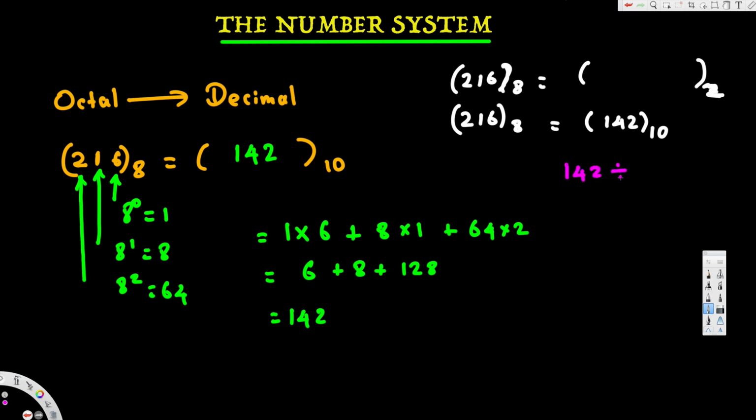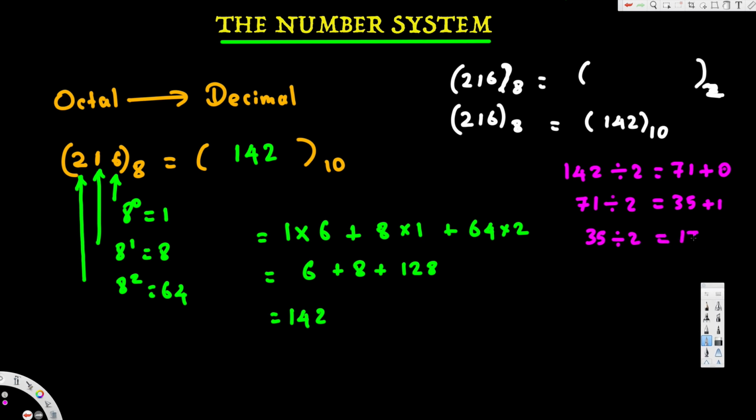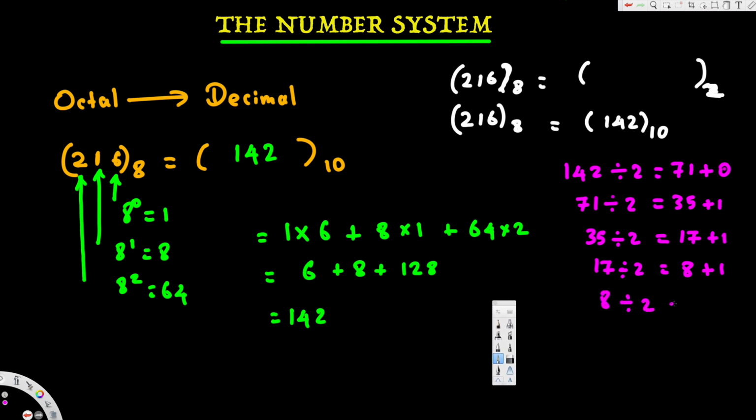We divide this by 2, that's going to give us 71, remainder 0. 71 divided by 2 gives us 35, remainder 1. 35 divided by 2 gives us 17, remainder 1. 17 divided by 2 gives us 8, remainder 1. 8 divided by 2 gives us 4, remainder 0. 4 divided by 2 gives us 2, remainder 0. 2 divided by 2 gives us 1, remainder 0.